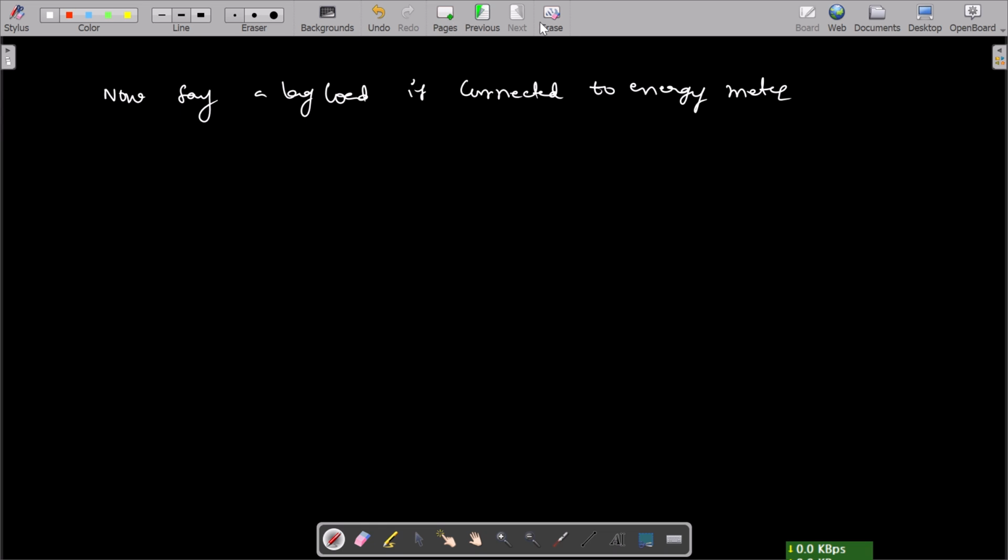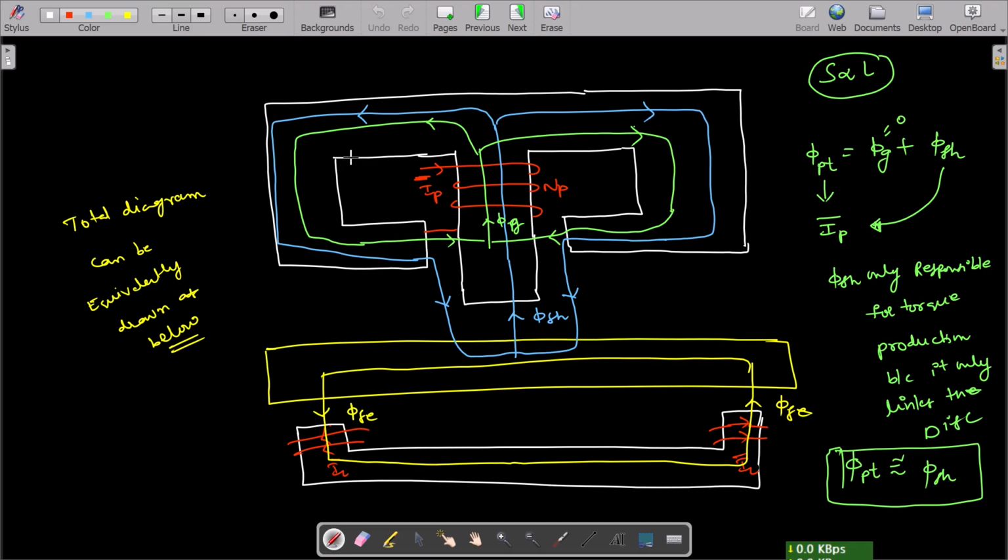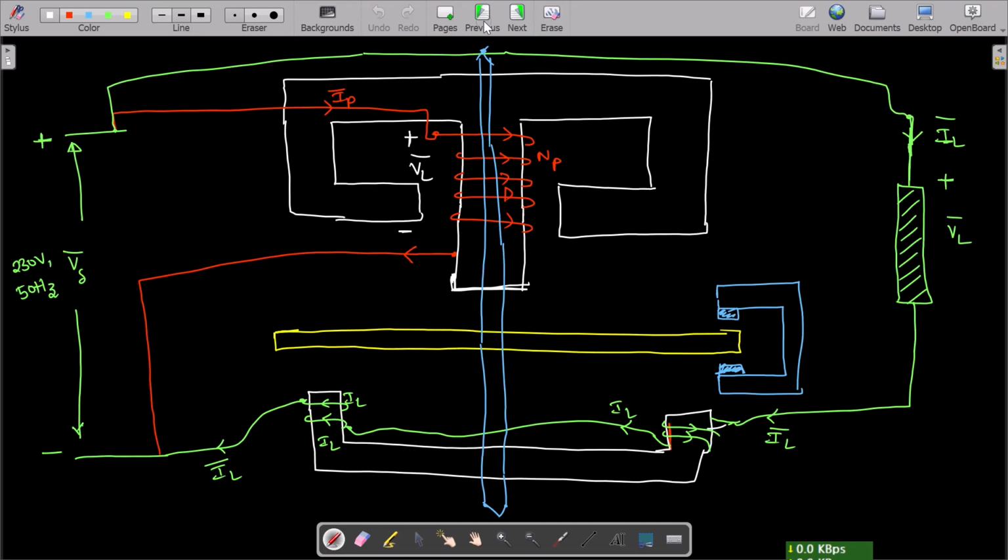That means this load, whatever load is there in that energy meter.